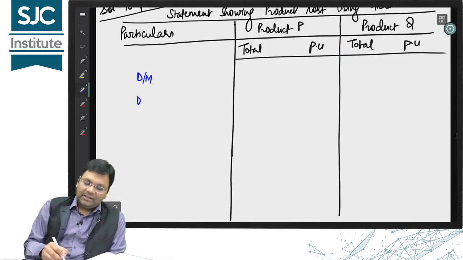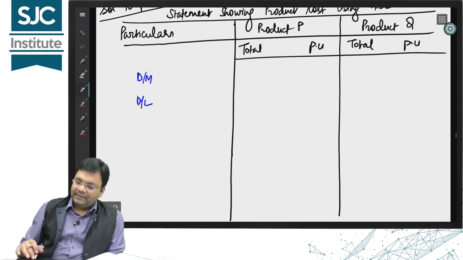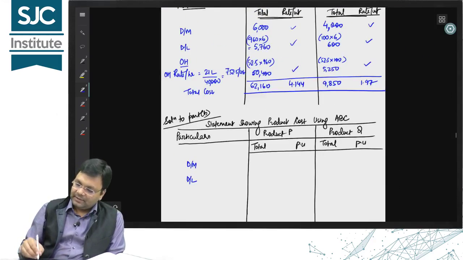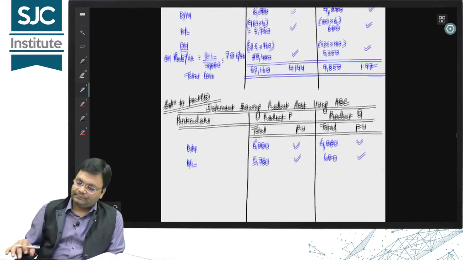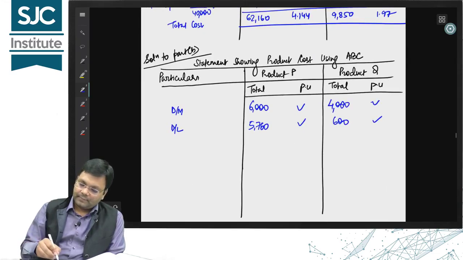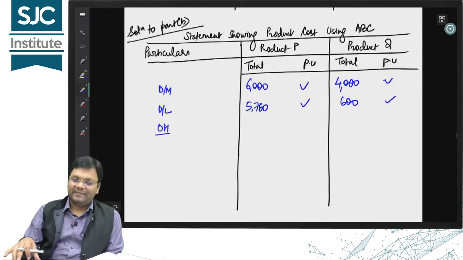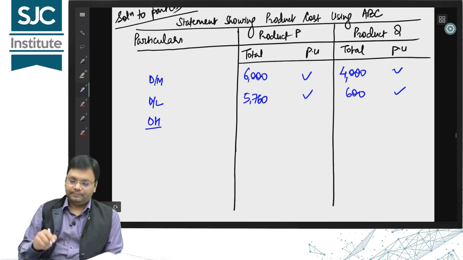So we have direct material and direct labor, which you can just copy. It will be the same. It is not changing. It may change in some rare cases. In that case, the question needs to specify where and how it will change. If nothing is mentioned, we assume the cost to be the same under both systems.